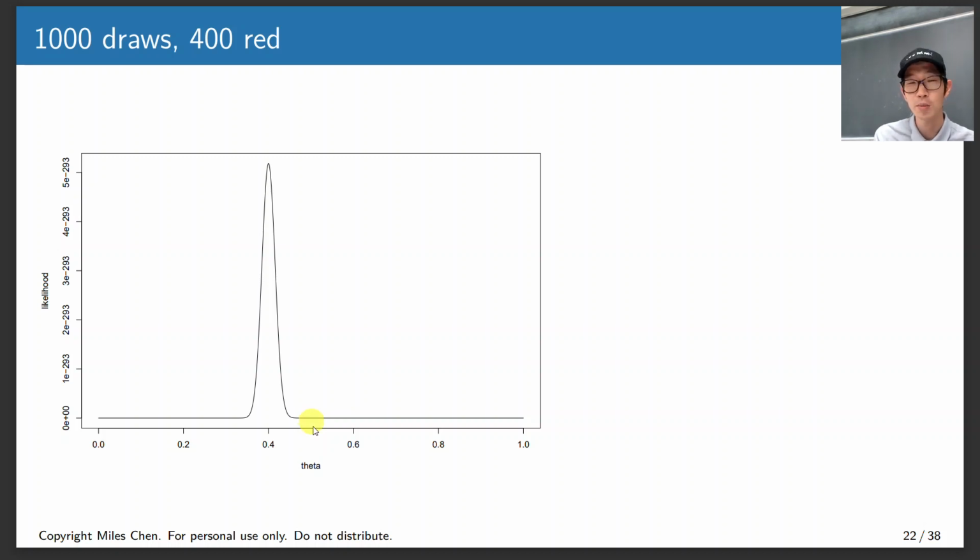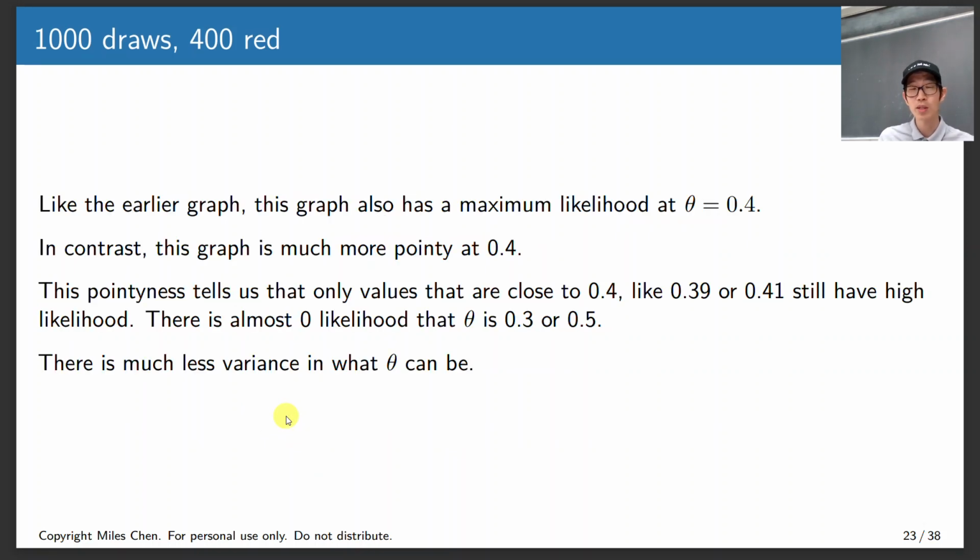If the proportion was really 0.5, how are you going to get 400 red out of 1,000 draws? It's almost impossible. So really anything outside of a range of, I don't know, 0.37 to 0.43 becomes really unlikely.